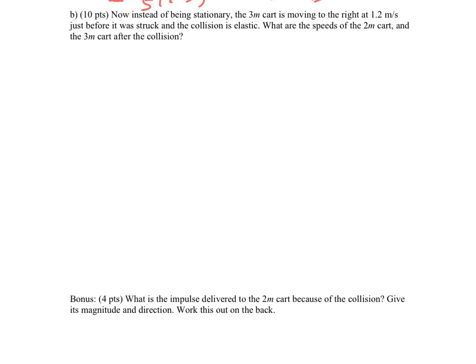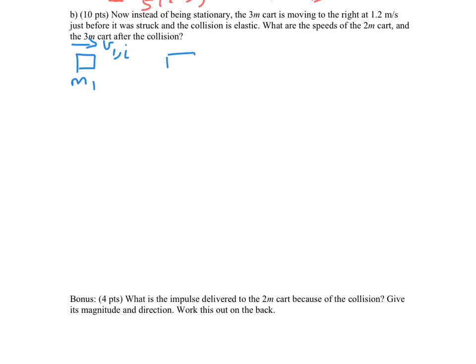So I will start out once again. Now you have two objects, m1, and it is moving with velocity v1 initial.